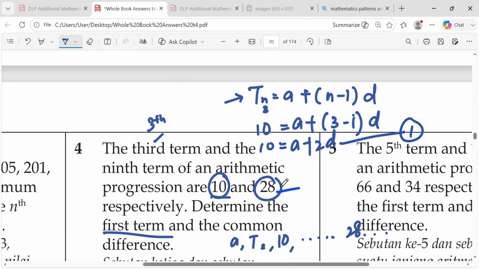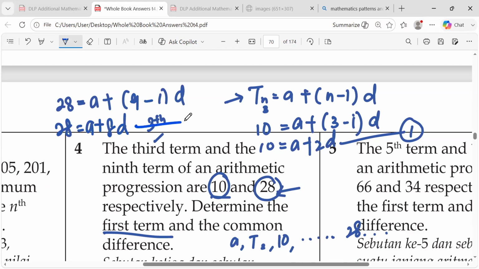The second equation is a similar thing. 28 equals A plus n minus 1 D, and this n is 9, so 28 equals A plus 8D. This is the second.